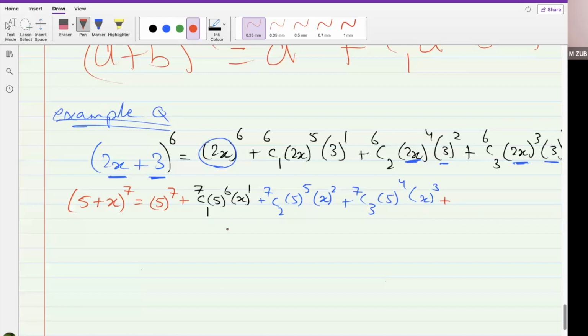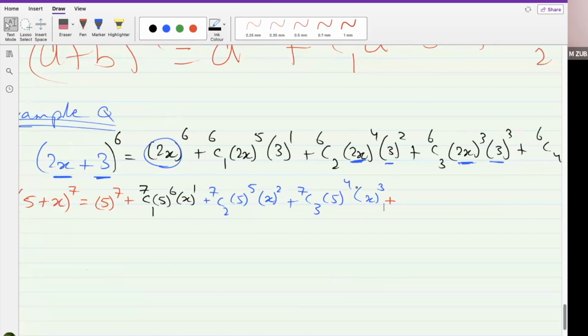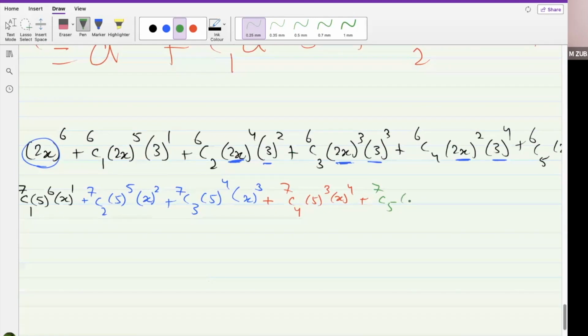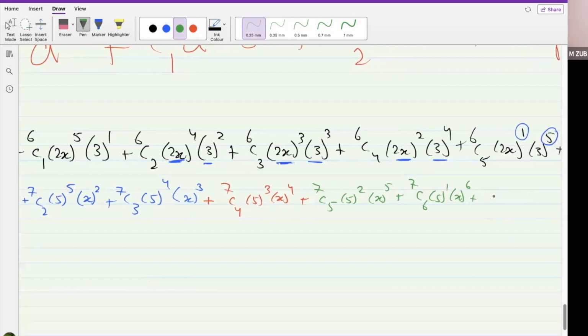The question will always tell you that it wants you to write the first 3 terms or first 4 terms and so on. Just for practice, we are writing more terms. So 7C4, a^(7-4), b^4. 7C5, a^(7-5), b^5. 7C6, a^(7-6), b^6. And the last term is always b raised to the maximum power.